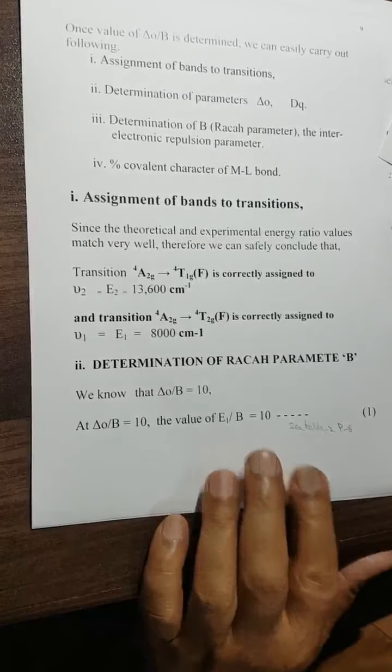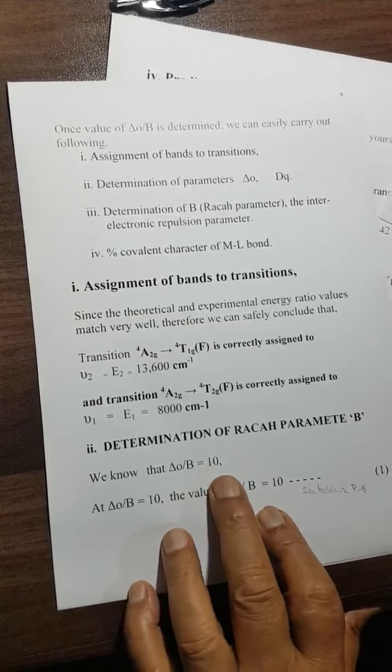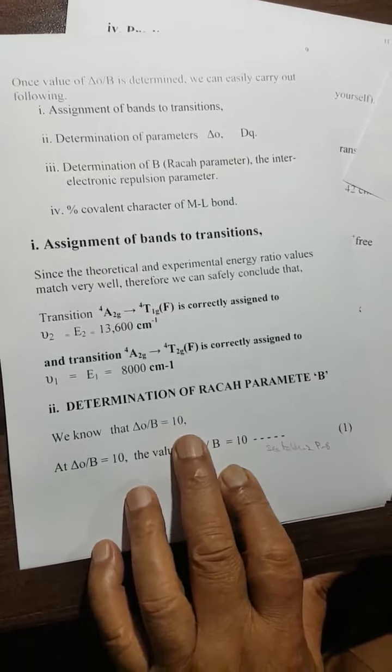Okay, so the determination of the Racah parameter B. Again, you will see it's very, very simple. We know that delta octahedral over B is equal to 10. We have found it out before, because at this value our energy ratio comes to 1.7. So at this, the value of E1 over B is equal to 10.